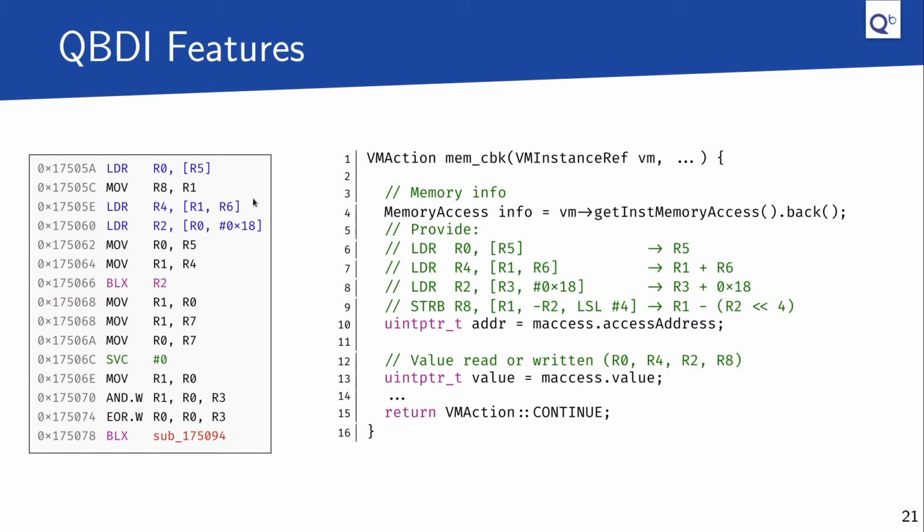This is done in the API, so you have an abstraction over this computation, especially for this kind of memory access, which can be quite tricky to compute. Here you just have to access the access address attribute of the memory access structure, and you get the computation for free. You can also access the effective value that is read or written through the value attribute. So here, for instance, you get the value of R2 and the value of R0 plus 18.